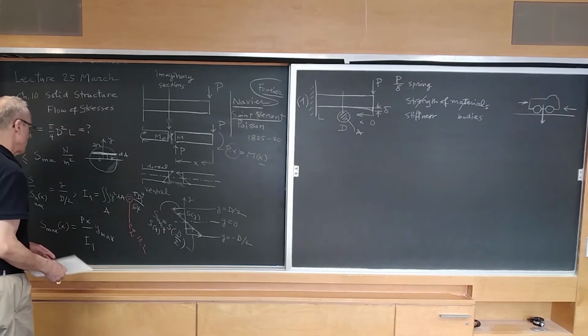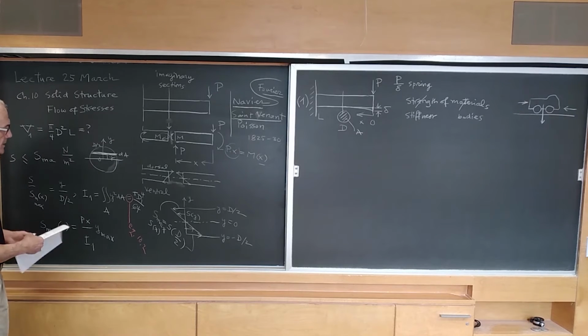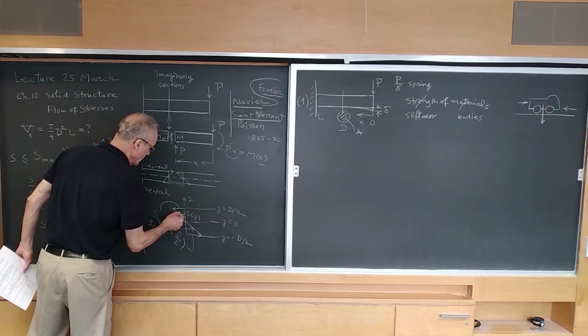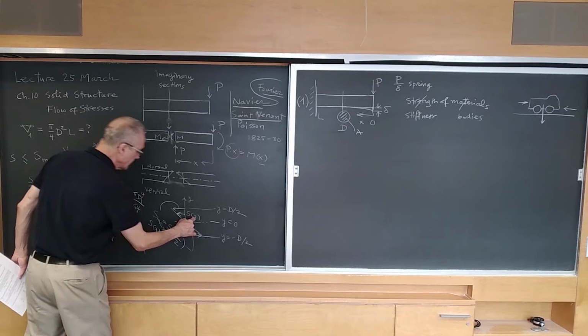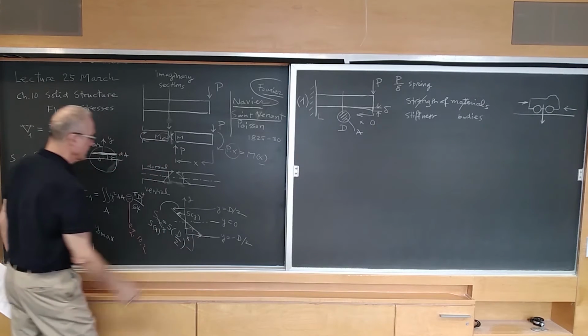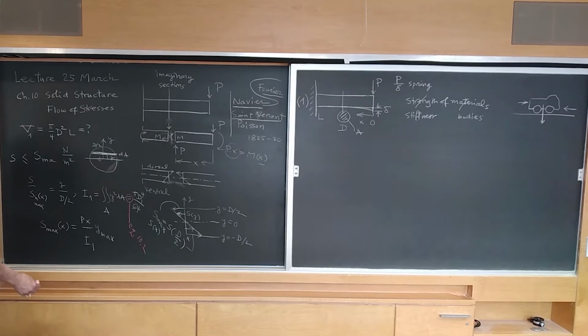So what we have here is a complete picture of how the stresses at any location, namely this particular one, at location y in the vertical direction and x in the horizontal direction, how these stresses vary. So here this S is a function of x and y.